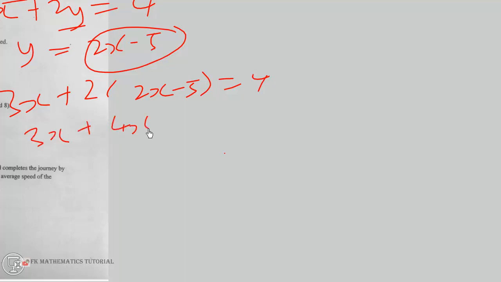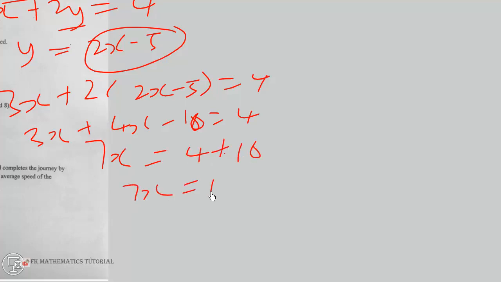So we have 3x plus 2 into bracket 2x minus 5 is equal to 4. So 3x plus 4x minus 10 is equal to 4. So 7x is equal to 4 plus 10. So 7x equal 14.